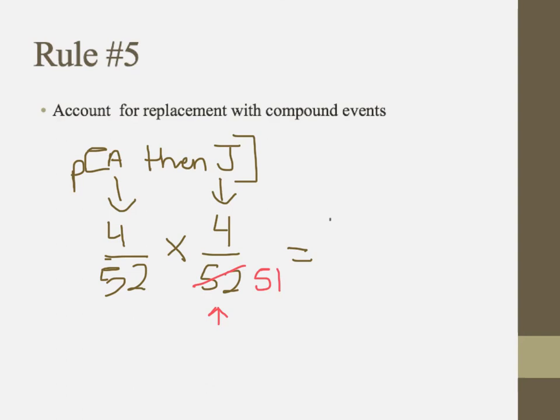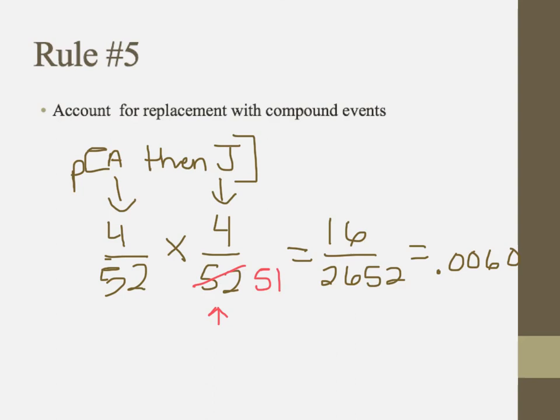So we're going to have 16 over 2,652, and that's going to give us 0.0060.